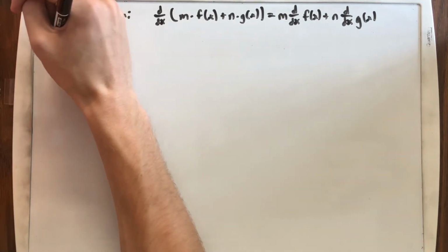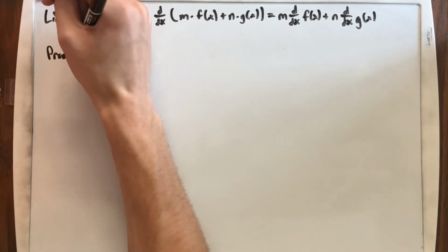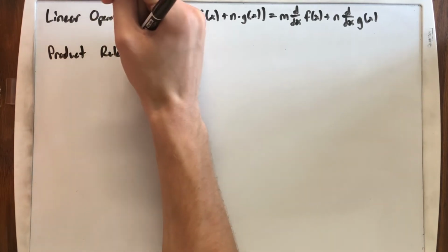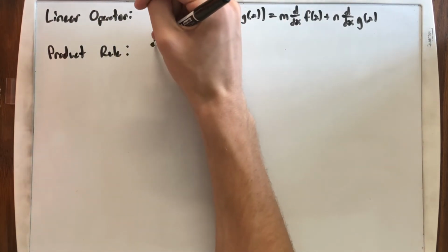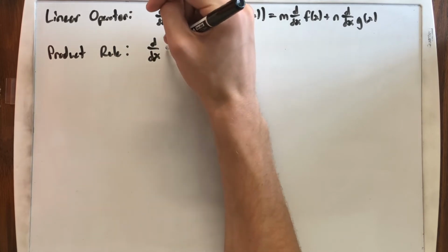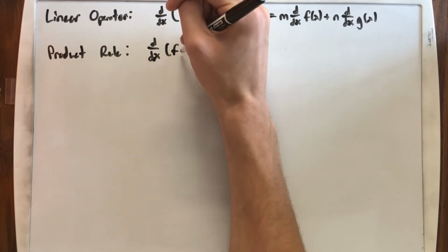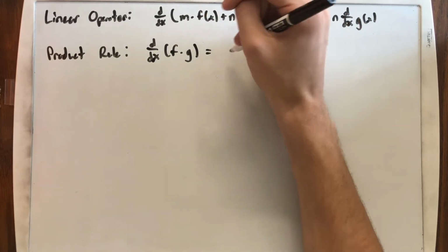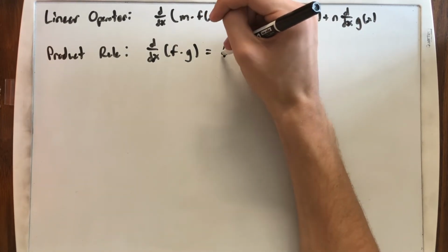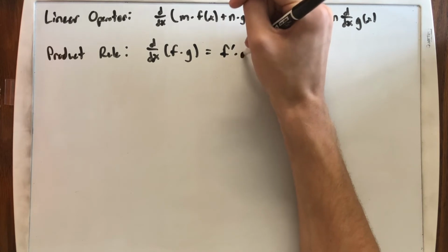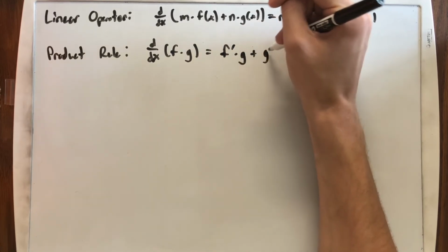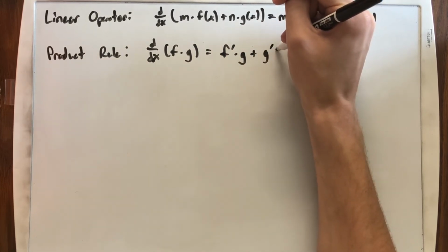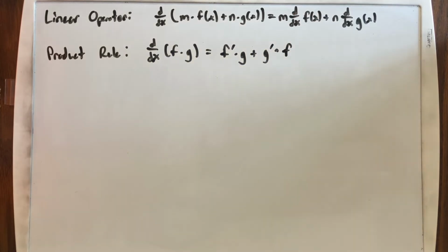Next, we can look over the product rule, oftentimes written like this. If you have the derivative of some function f times some function g, the result of that is f prime times g plus g prime times f.